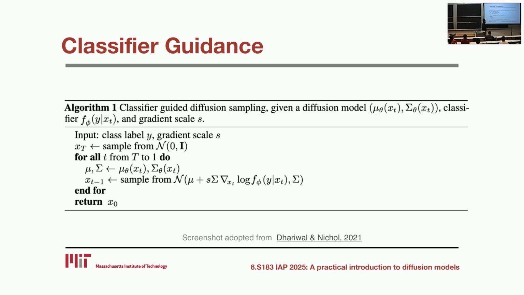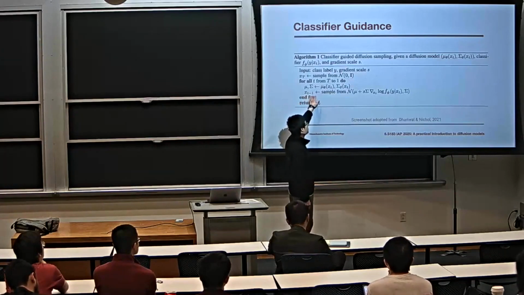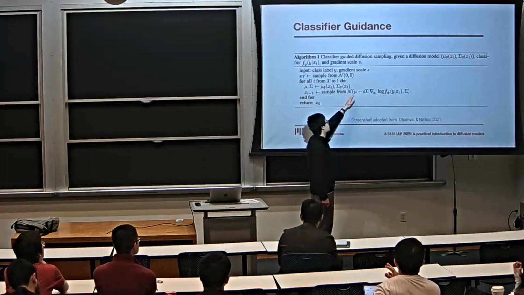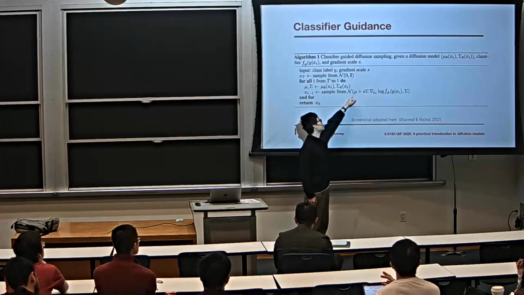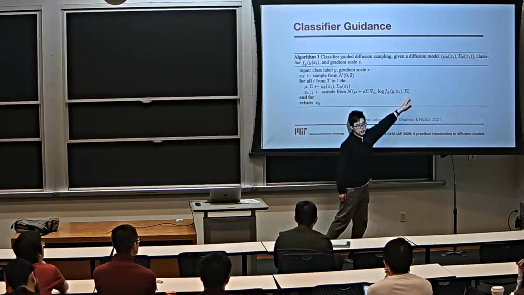Okay. So in reality, previously, you could predict some distribution for x_{t-1} using your diffusion parameterization. That is, you predict the mu for the less noisy x, and you also have a variance matrix.